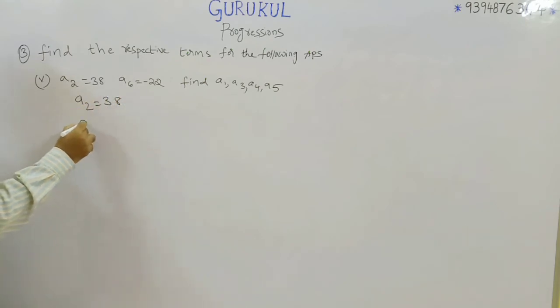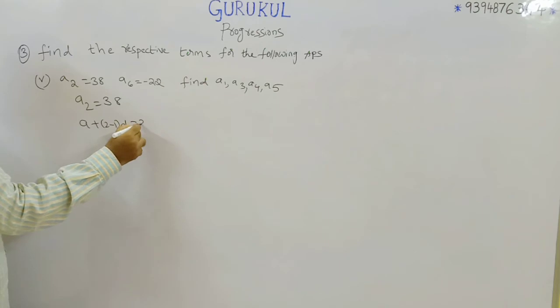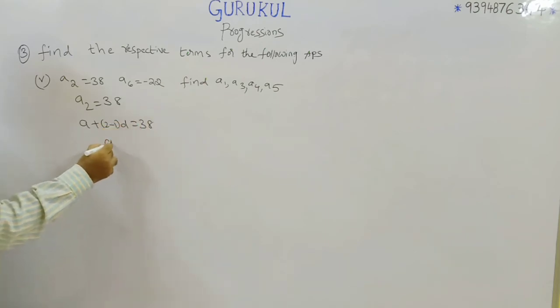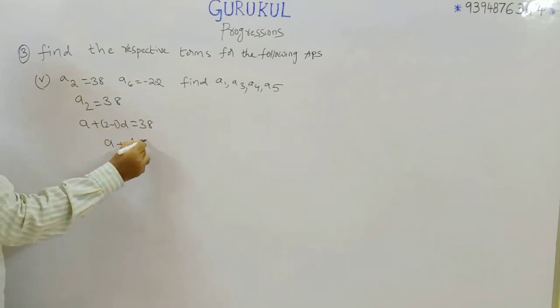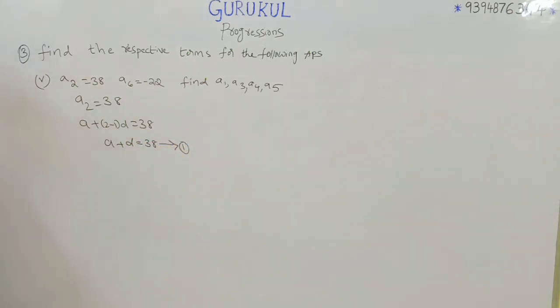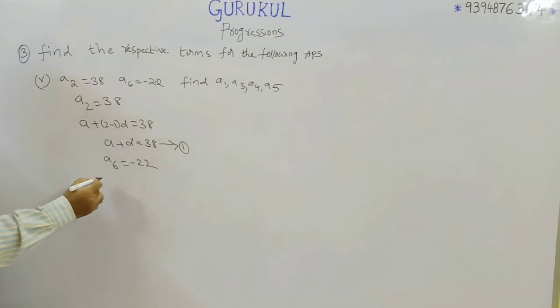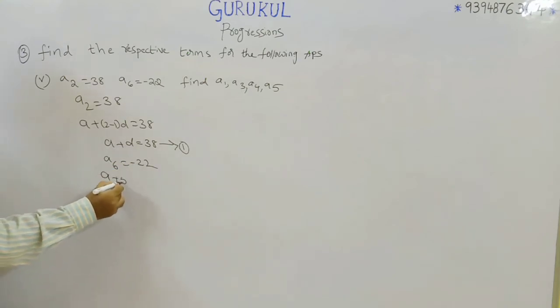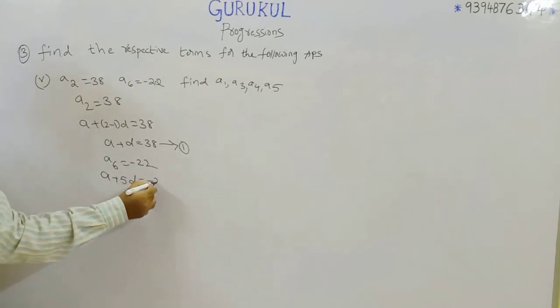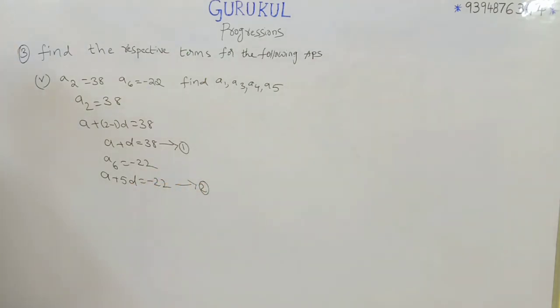So a2 value a plus 2 minus 1 into d equal to 38. a plus d value 38. This is equation 1. And again given a6 equal to minus 22. a6 value a plus 5d equal to minus 22. This is equation 2.